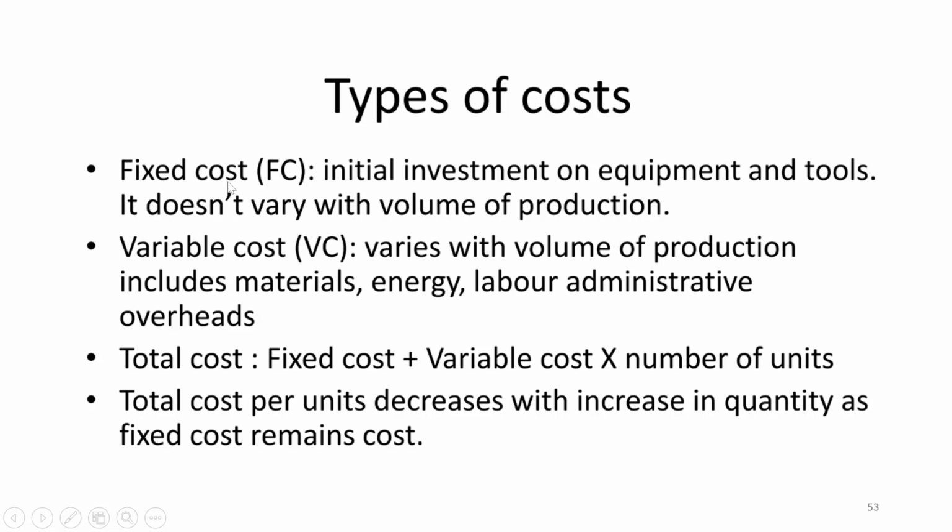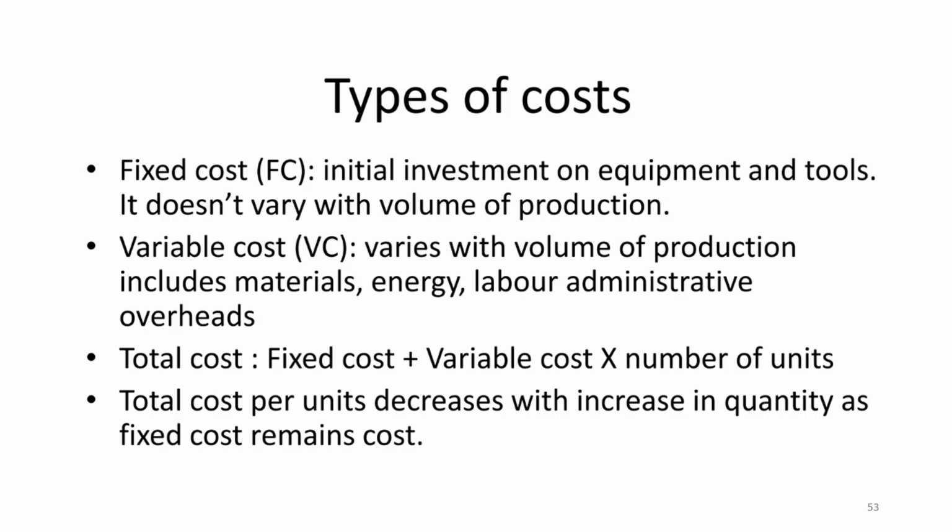Now there are various types of costs. So first is fixed cost. For example, if you are doing casting, then you need to buy a furnace. That will be a type of fixed cost for you. You need to purchase the furnace only once, so that's why it will be fixed cost.